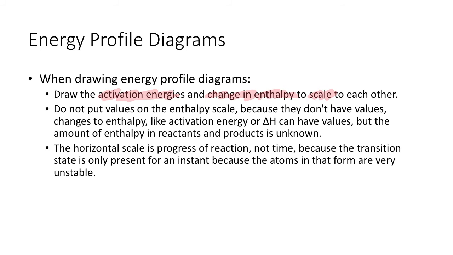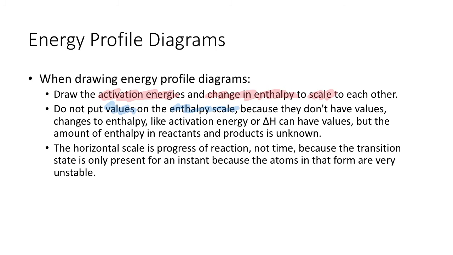Do not put values on the enthalpy scale, because they don't really have values. Changes to enthalpy have values, but the absolute amount of enthalpy in the reactants and products is unknown. So changes can have value, but the amount of enthalpy of the reactants and products is unknown.